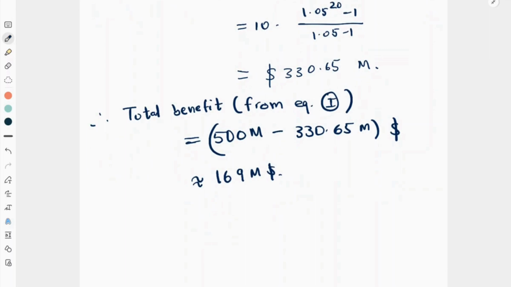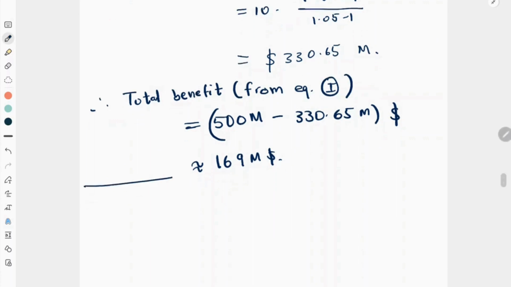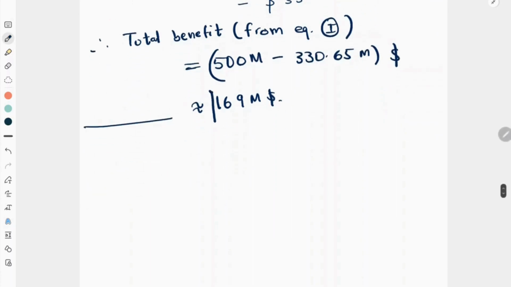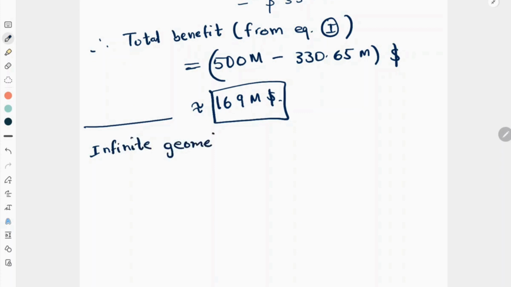And just a quick comment about, as I mentioned before, the infinite geometric series. So this is the final solution of the problem, but let's talk about an infinite geometric series. This almost always makes sense only when the common ratio is less than 1.